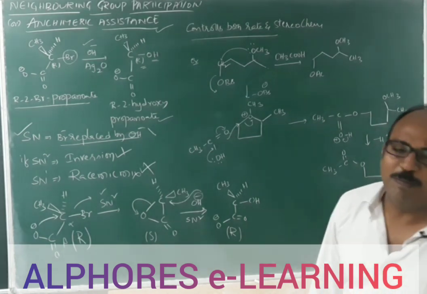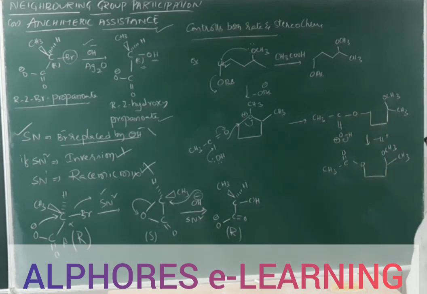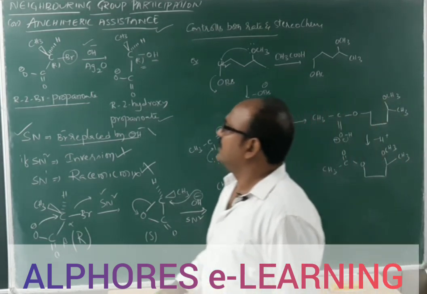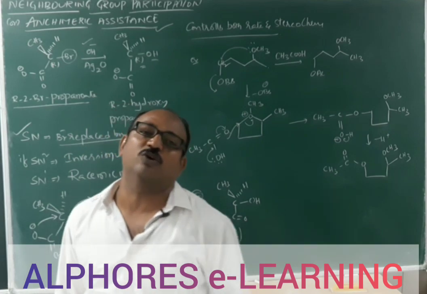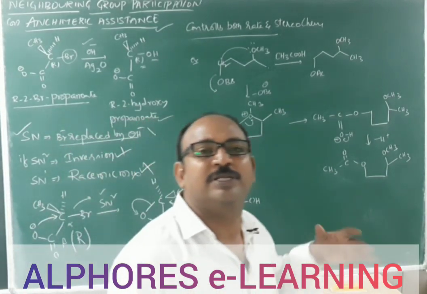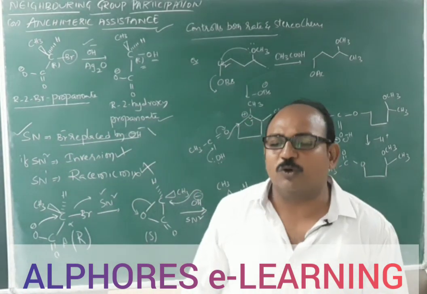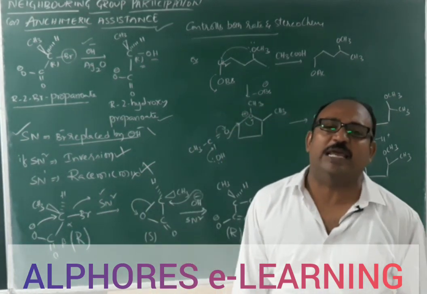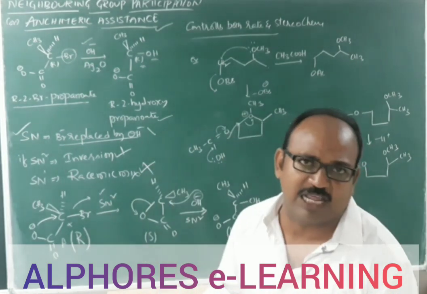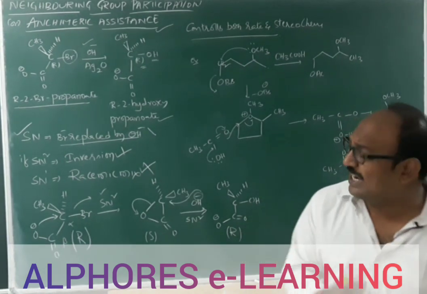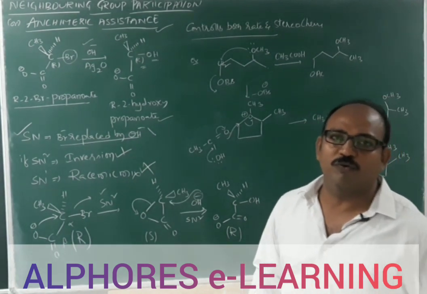In some cases a pi bond participates, and even a single bond also acts as a neighboring group. So a phenyl group may participate as a neighboring group, sulfur participates as a neighboring group. Let us consider one example for each.